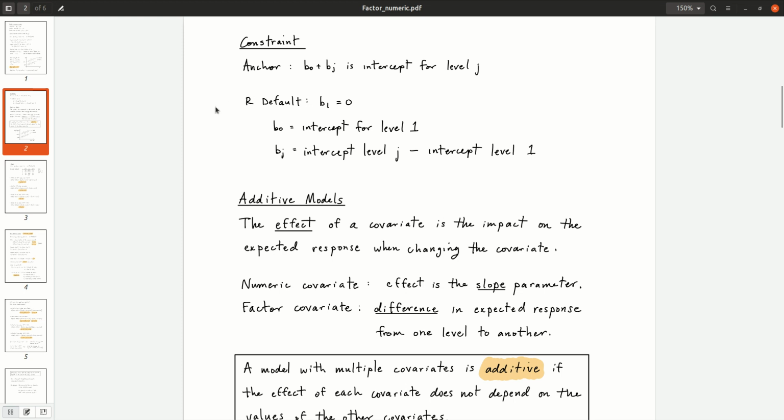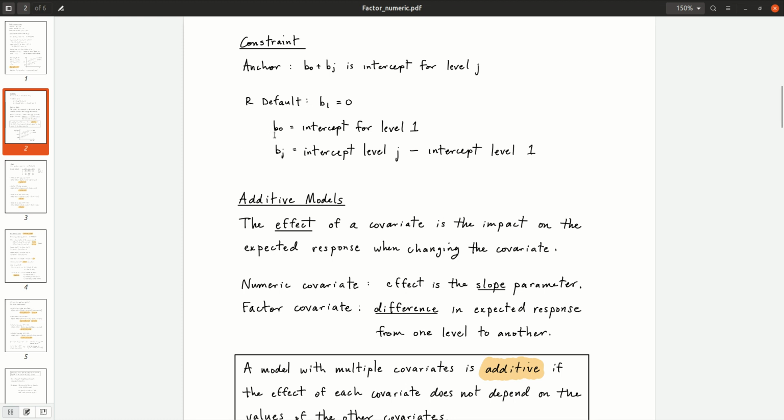So we'll just look at one of them, which is the R default. In R, the default is it sets B1 equal to 0. So it sets the intercept coefficient associated with the first level of the factor, or the base level of the factor, equal to 0. Now, if you go through this exercise and try to isolate parameters, what you'll find is very similar to what we found for the one-factor model, but instead of the word expected value, we're going to use the word intercept.